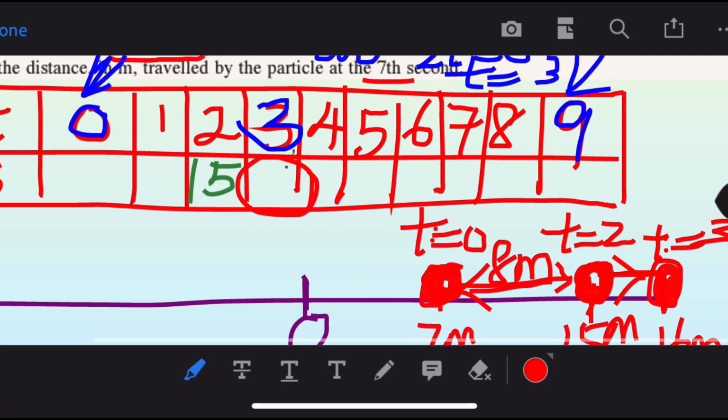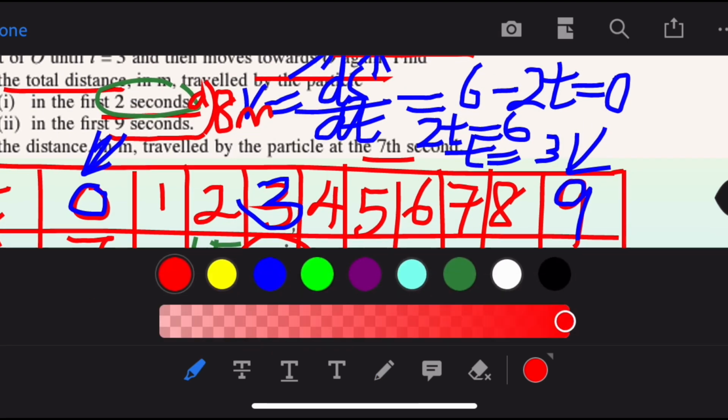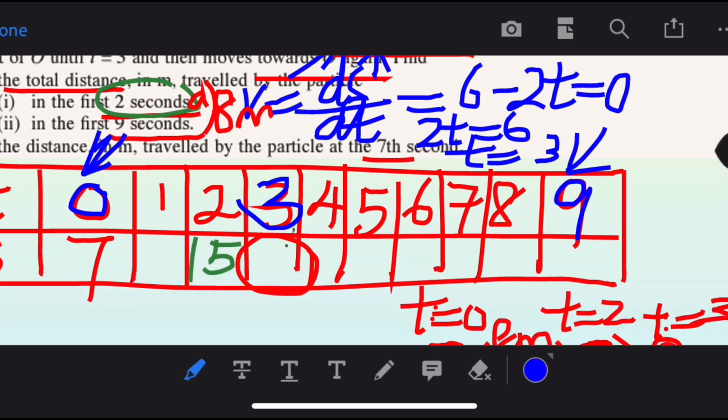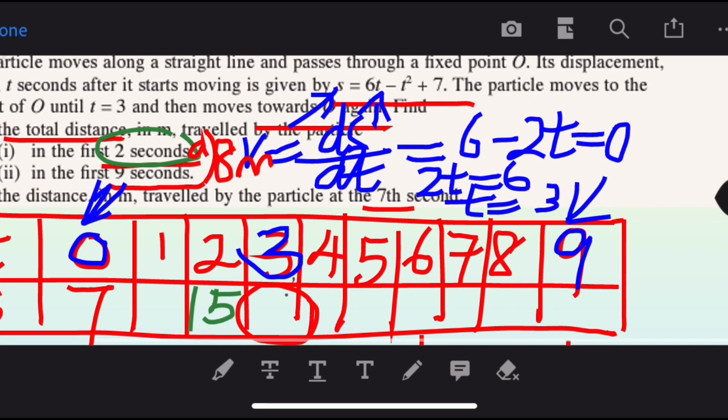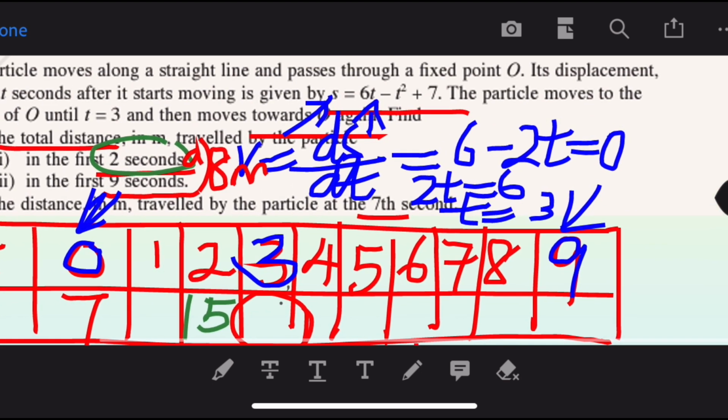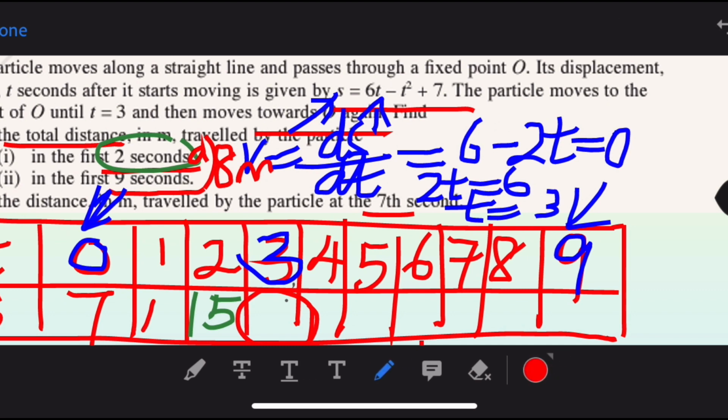Okay, for t equals 0 it is 7, right? For t equals 1, if we substitute, it is 6 minus 1, 5, that is 12, right? 6 minus 1 is 5, 12.